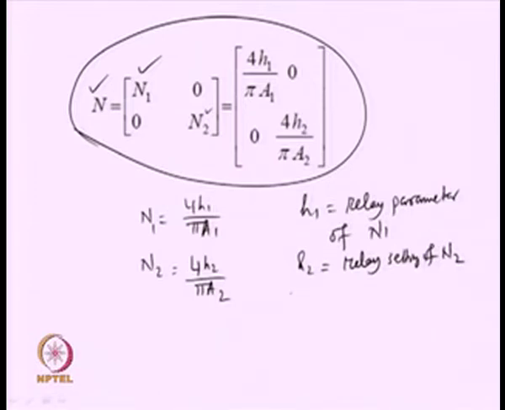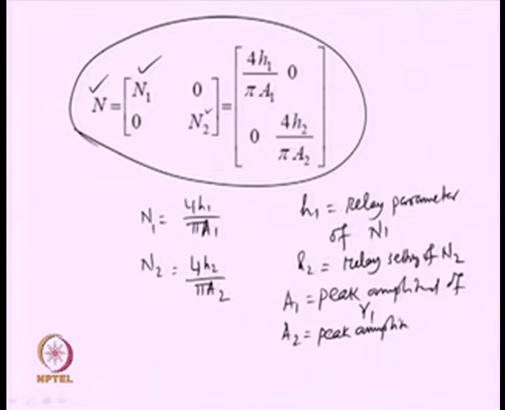Measure the peak amplitudes of the two outputs, and the two outputs will give the two peaks A1 and A2. So, A1 is the peak amplitude of the output signal Y1, the first output of the upper loop, and A2 is the peak amplitude of the output Y2.